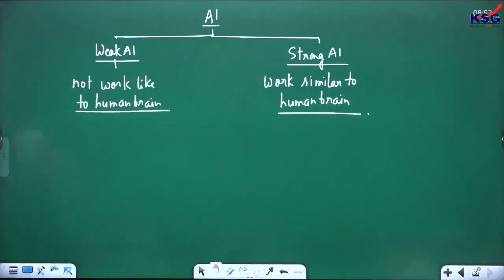So not working similar to the human brain is weak AI, and working similar to the human brain is strong AI.